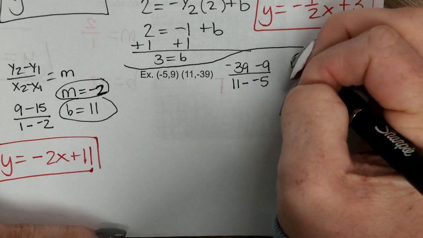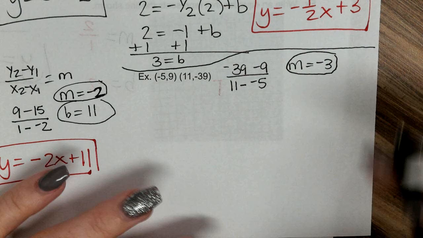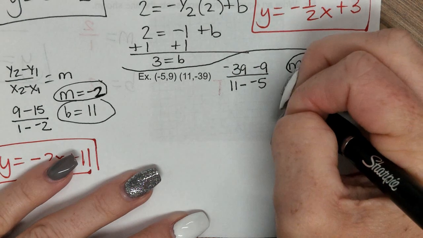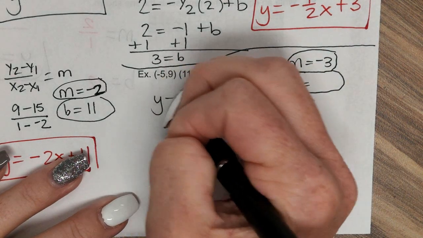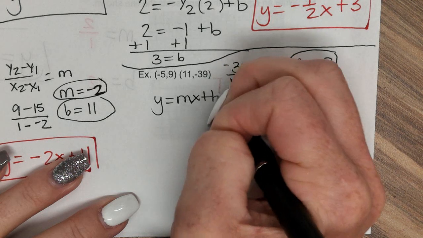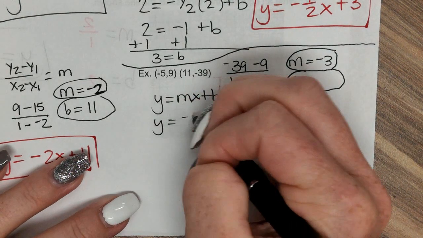Did everybody get negative 3 for the m? Yes? Okay, awesome. Now you should be trying to solve for b on your own. And you can use any coordinate that you want to.